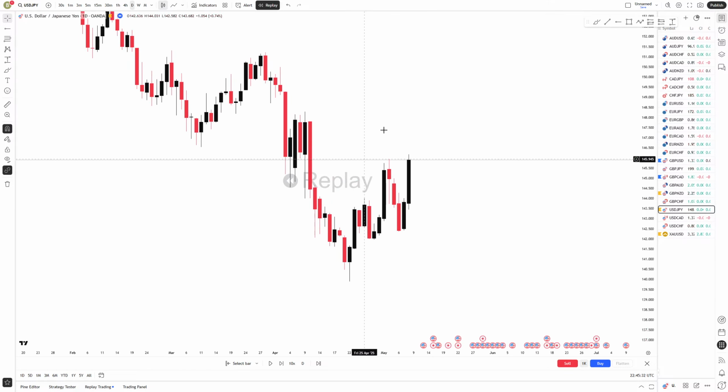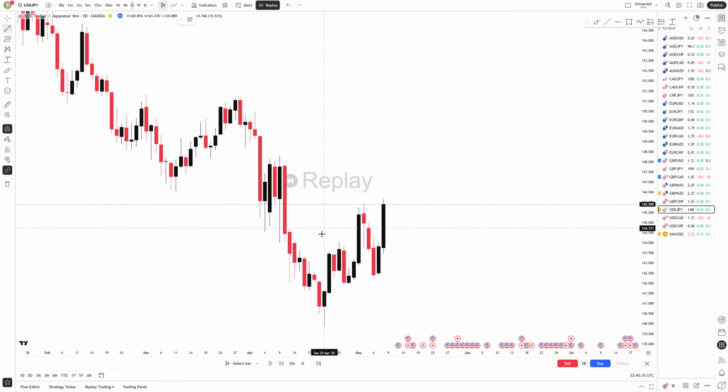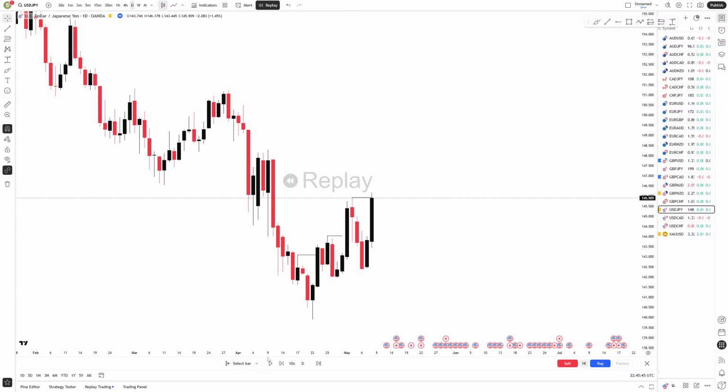As we can see here, we were having this transition down here, but also this break of market structure here. Also we had this break of market structure here, where the next candle, this bullish candle, is the one that breaks this level.